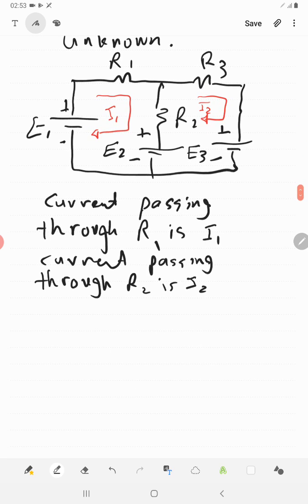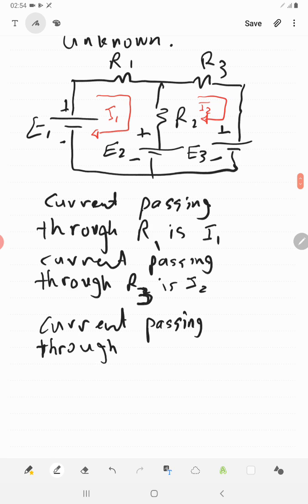How about the current passing through R2? Now this is the current passing through R2.